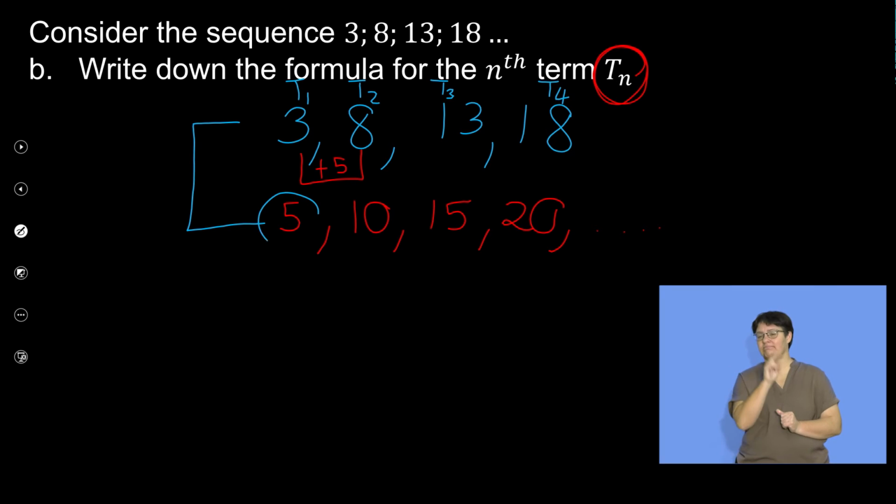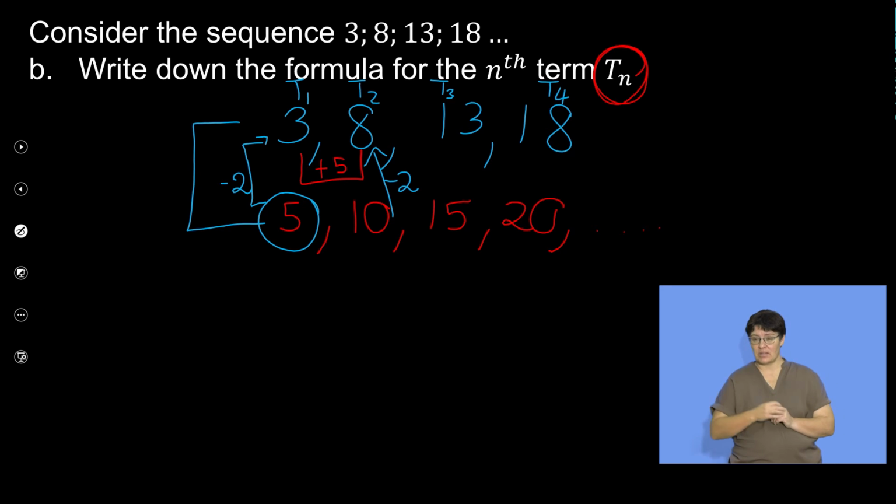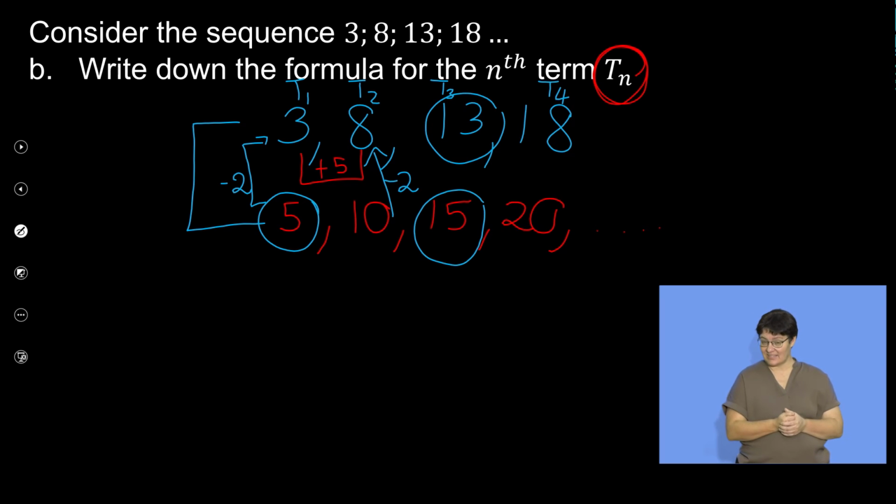When we look at the first multiple of 5 in relation to 3, we can see that it is essentially 5 minus 2. Again, if I look at the connection between the second multiple of 5 and term 2, we have a subtraction of 2 to get to the term value of 8. If I look at the third term with the third multiple of 5, I can see that I subtract 2 to get from 15 to 13.